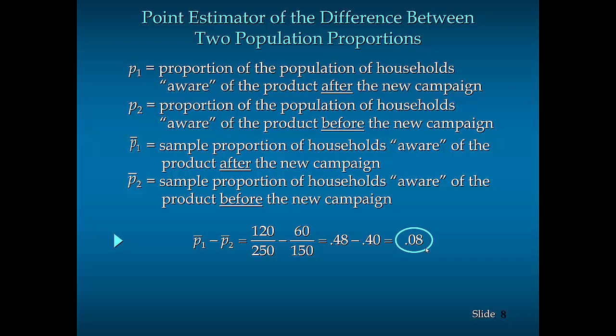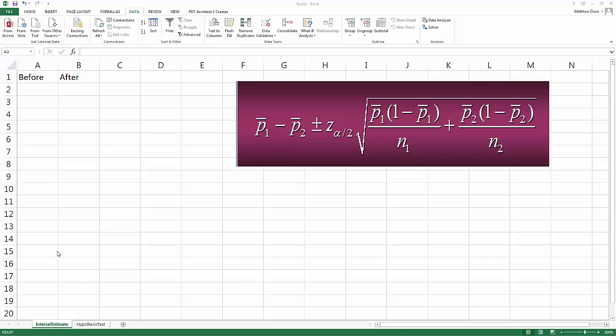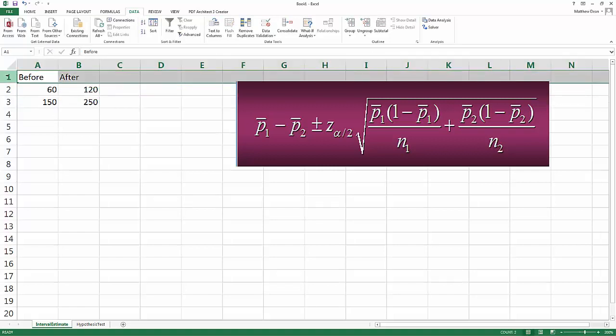Let's do the following. To do some of these numbers, I'm going to move over to Excel for a second. So before we had 60 out of 150, and after we had 120 out of 250.